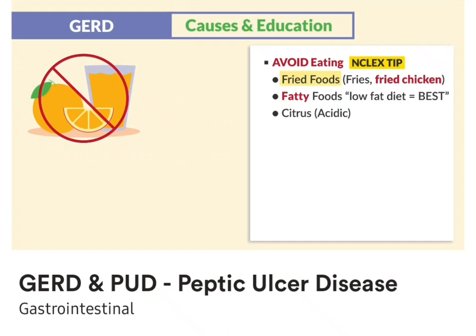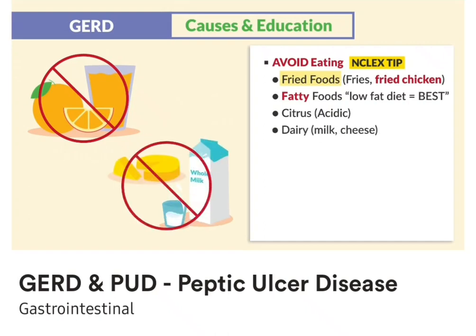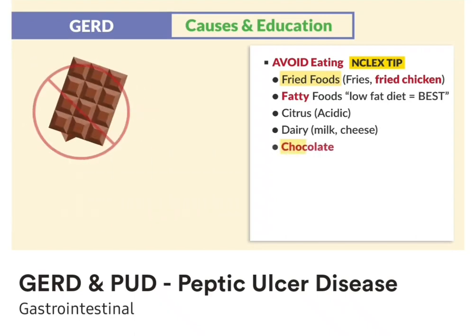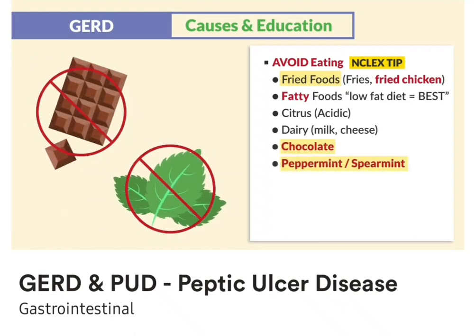And citrus foods can cause acidity, and dairy like milk and cheese can also cause more acid. Now a really interesting one is chocolate as well as peppermint and spearmint. So write these down. These can cause a relaxation inside the esophageal sphincter, leading to worsening heartburn. Now write that down. We saw it on 2 different question banks.